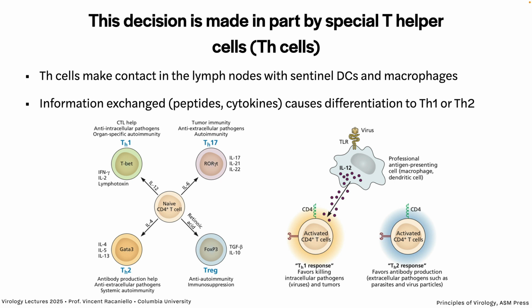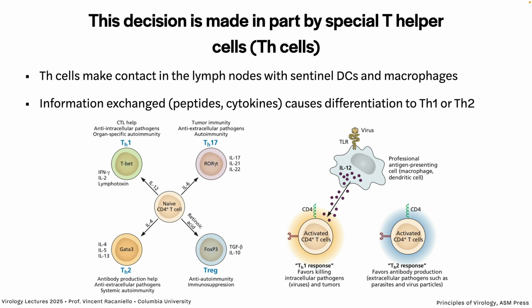So CD4 is a kind of T helper cell, but there are also many others, as you can see, TH1, 17, 2, Tregs, and so forth. And so depending on the information that's exchanged between the sentinel and the T cell, that will determine whether antibodies or T cell killing is favored, right?